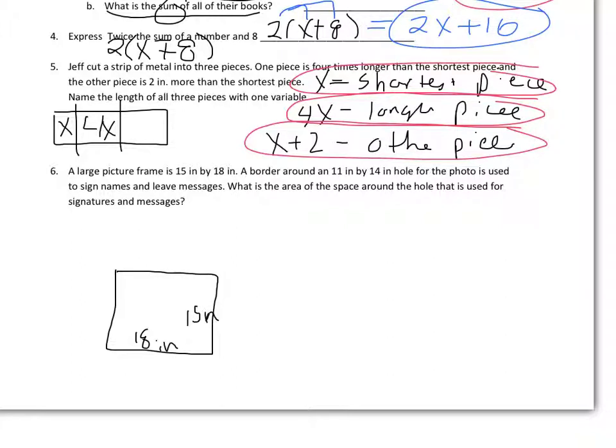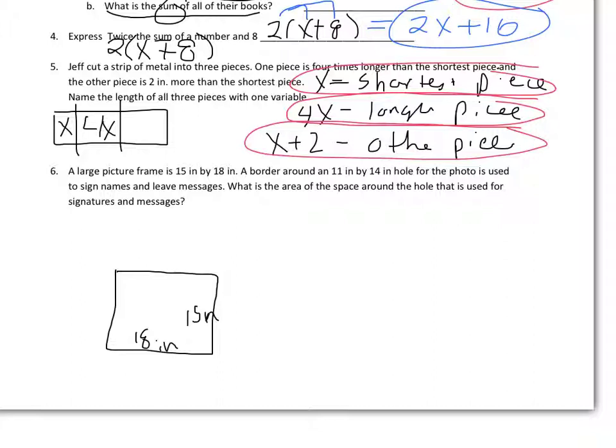We have a border around an 11 by 14 inch hole for the photo, and the border is used to sign names and leave messages. What is the area of the space around the hole that is used for the signatures and messages? So what we have is this large picture frame. Now we have a border around an 11 by 14 inch hole.